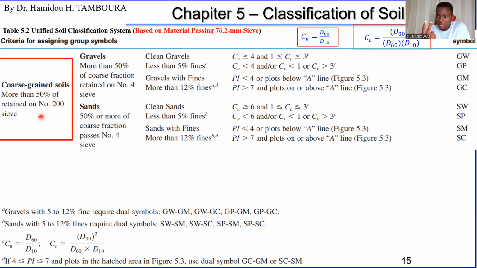Two choices you have. Now, how will you know if the soil is sand or gravel? In that case, you will need to go to sieve number 4. You remember I also talked about the sieve number 4 in the introduction of this video. So if more than 50 is retained on the sieve number 4, it means you are dealing with gravel.